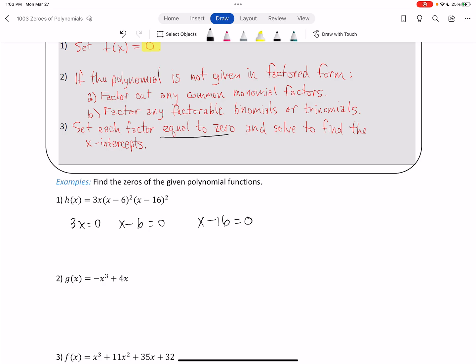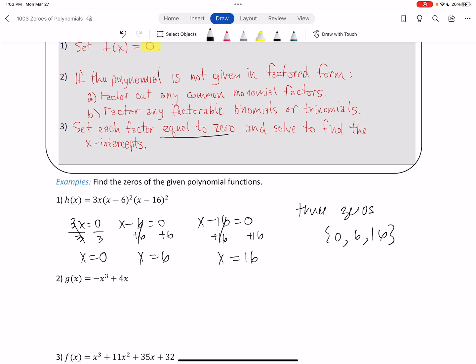So I take each of those factors, I set them equal to 0, and I solve. Divide both sides by 3, I get x equals 0. Add 6 to both sides, I get x equals 6. Add 16 to both sides, and I get x equals 16. So there are three zeros, and they are 0, 6, and 16.